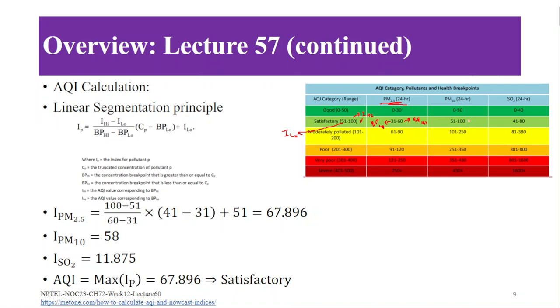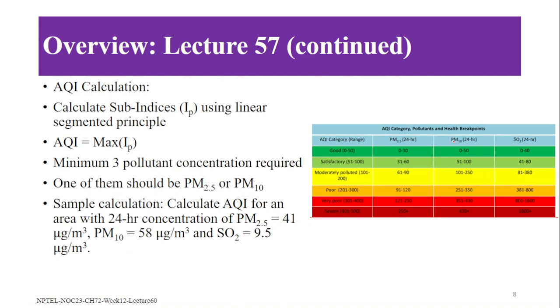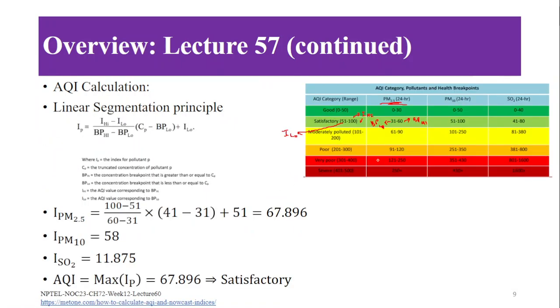We know the given concentration is 58 microgram per meter cube. So where does this 58 lie here? It lies between 51 and 100. So the BP high will be this one, and BP low will be this one. The I high will be 100 and the I low will be 51.